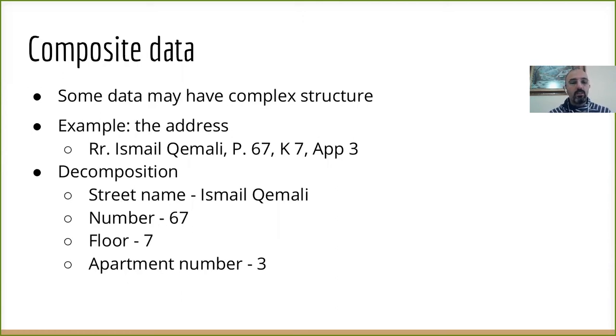Such data is called composite because even though it is represented by several elements, like the street name, the number, the floor, etc., it refers to one specific data item, also called atomic data. So altogether, they refer to a specific item.